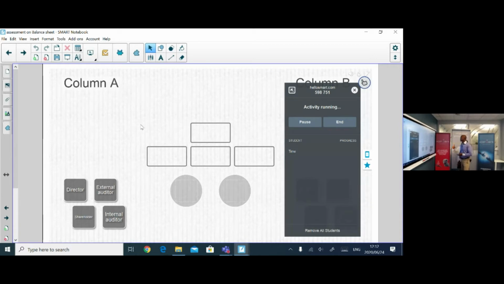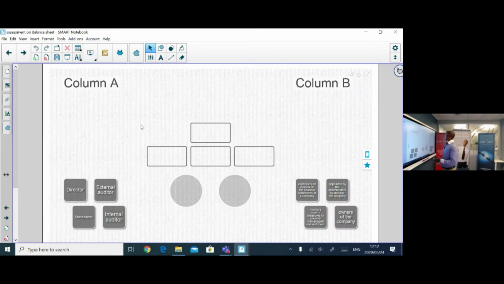You're given here an activity to match, merging column A and column B. You have to match these four. It is a question taken from the past paper. It's just an exercise, an assessment, just to recap on what we're doing.